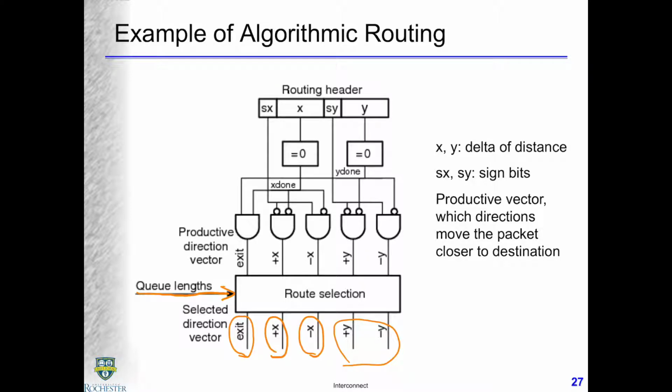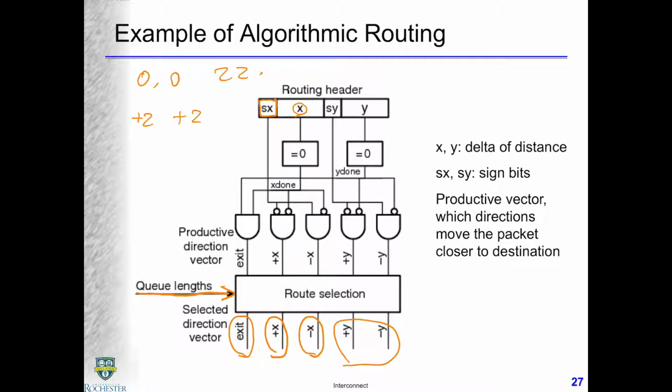The queue lengths can help you choose. But here's the example. I have my delta stored in my route. So let's say I'm at 0, 0, and I want to go to 2, 2. Well, very easy. Then my delta is positive 2 and positive 2. So x would indicate the delta. This sign indicates the direction of it.